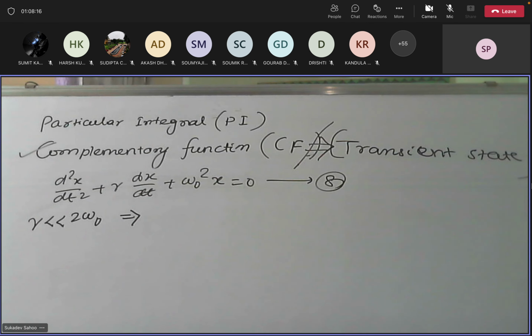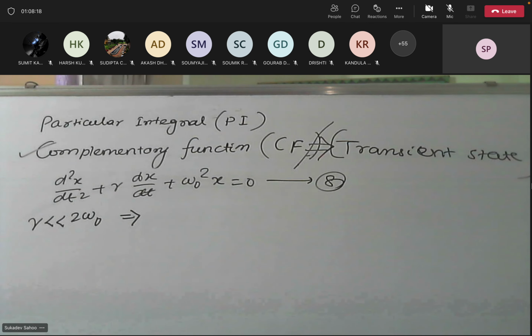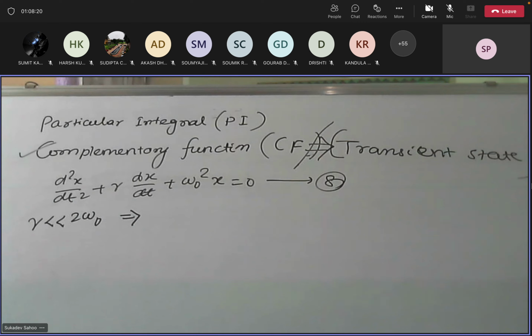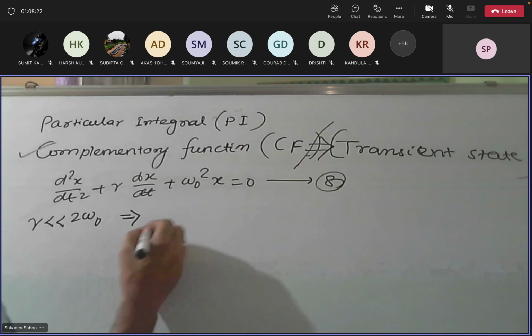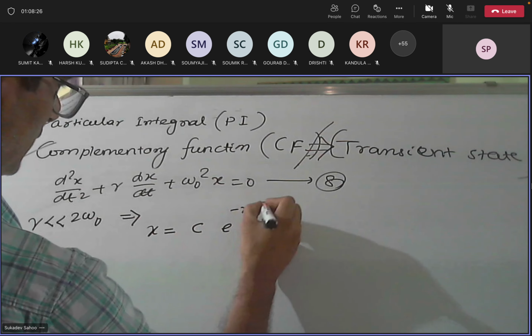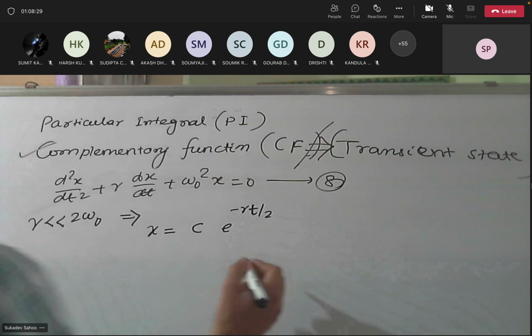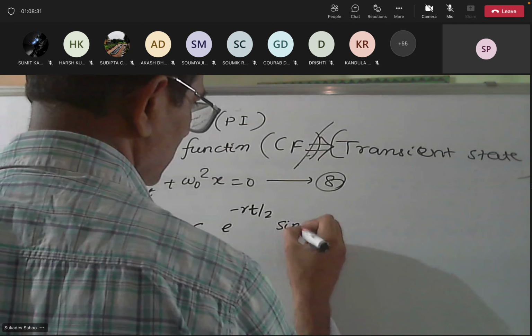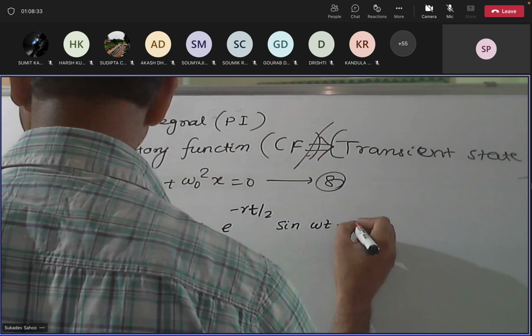So now considering that small damping, we can write the complementary function x as c e to the power minus gamma t by 2 into sin(omega t minus phi).